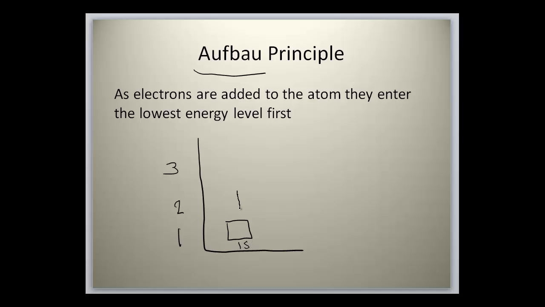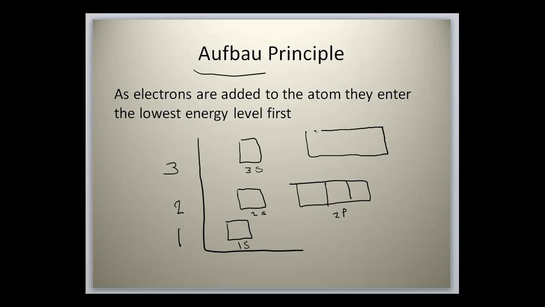The second energy level has one s orbital, and we said that it has 3 p orbitals, so those are the second energy level p orbitals. The third energy level has an s, and its p's, the 3 p orbitals in the third energy level, etc.